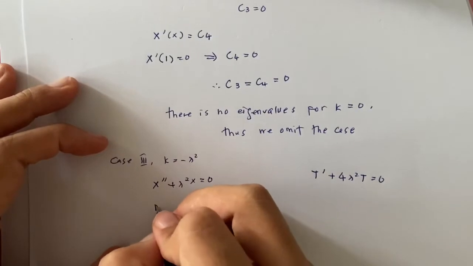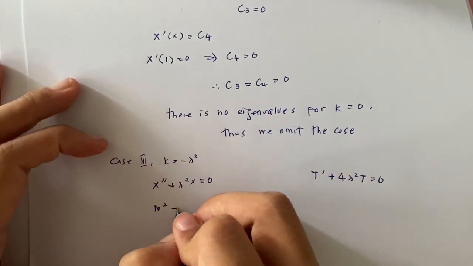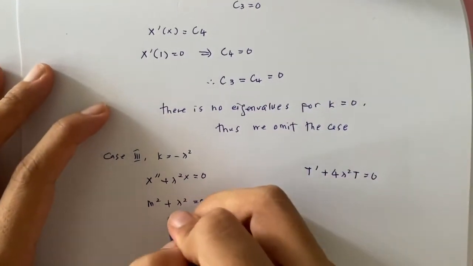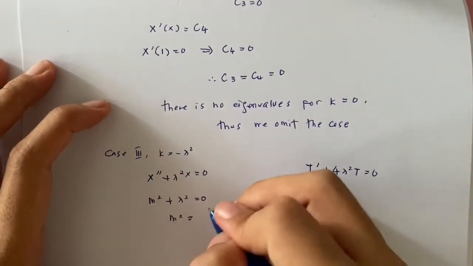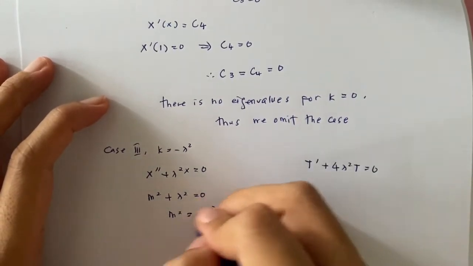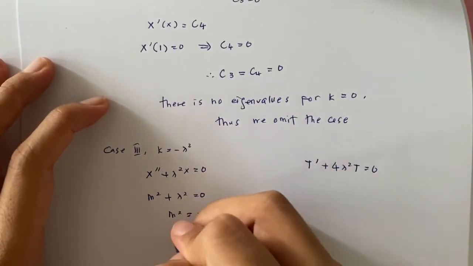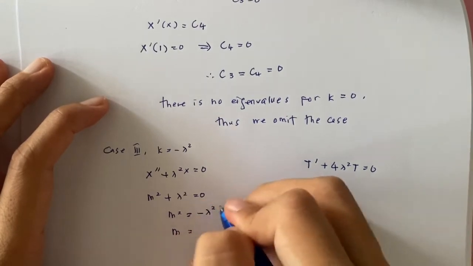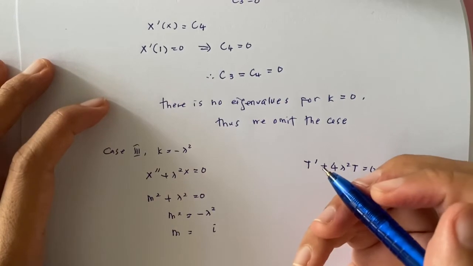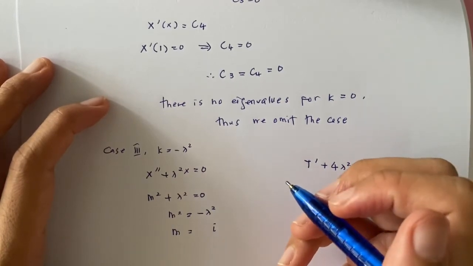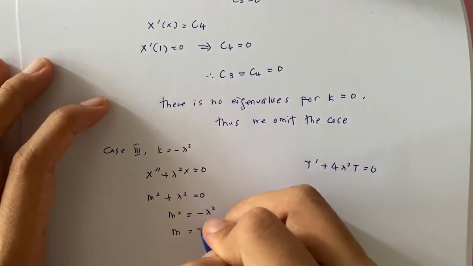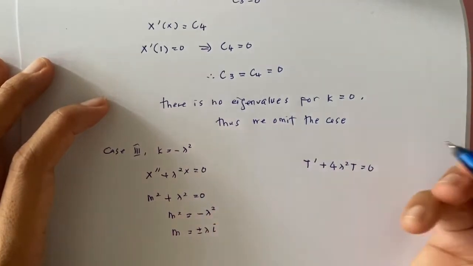Characteristic equation for this: m square plus λ square equal to 0. So m square equal to minus λ square. When you apply the square root, you have m equal to square root of minus 1, so this is i, the imaginary part of a complex number. So square root of λ square will be plus minus λ.